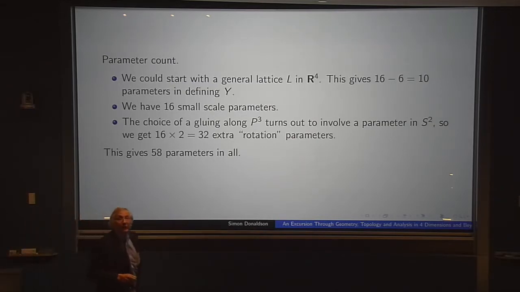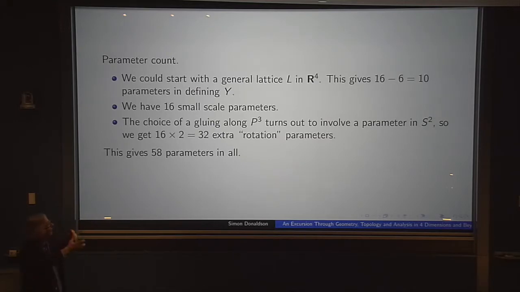And we can count the parameters in that construction. We could start with a general lattice in R4 rather than the integer lattice I was showing before. That involves 10 parameters when you take account of the fact that we could rotate the lattices and that wouldn't have any effect. And we have our 16 small scale parameters, which are the size of these copies of X. And then the choice of the way we glue in the P3, that also turns out to involve 2 extra parameters in a natural way.